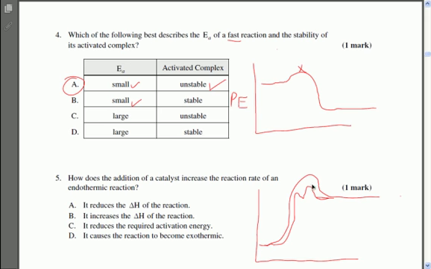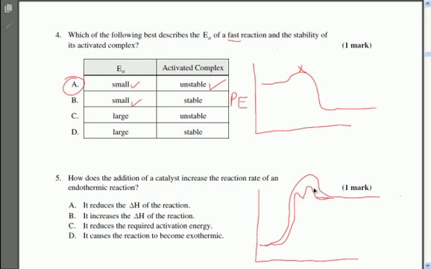So what we see is here's our catalyzed reaction. Now, what has happened here is that the products are the same as they were when uncatalyzed. The reactants are the same as they were in the uncatalyzed. But what has changed is the activation energy that is required for the reaction to happen. And that's how it increases the reaction rate.